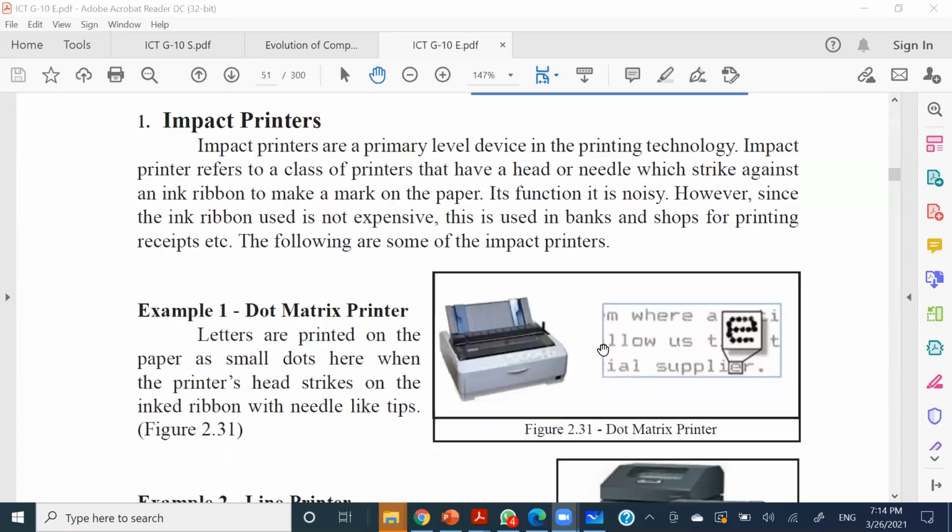I think you have seen some impact printers, maybe in a supermarket, or in places like Singer, Abans, and so on, right? In most of the shops, they use impact printers to print their bills or invoices, because it is cheaper.